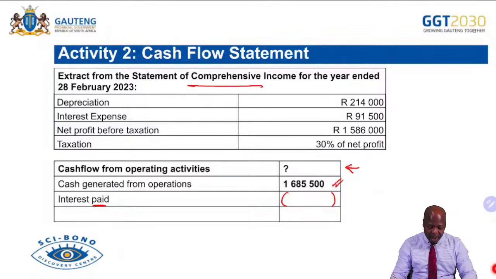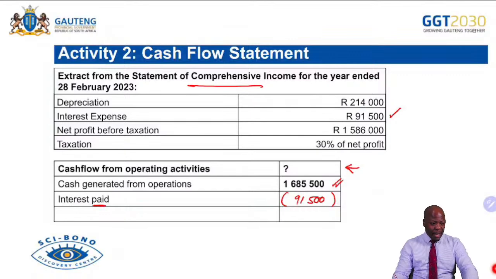Do we have interest expense? The very same interest expense, 91,500, is what I then bring down here. So already I've put in my brackets, so I'm just going to say 91,500. That becomes my interest paid.